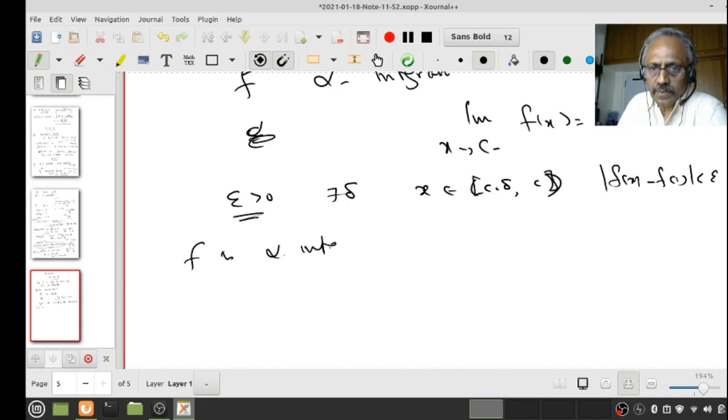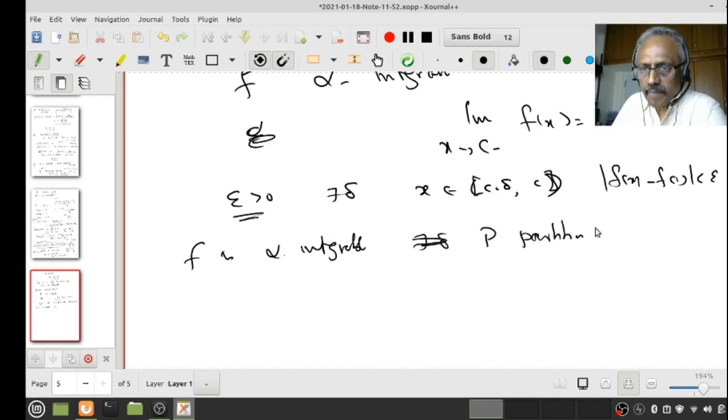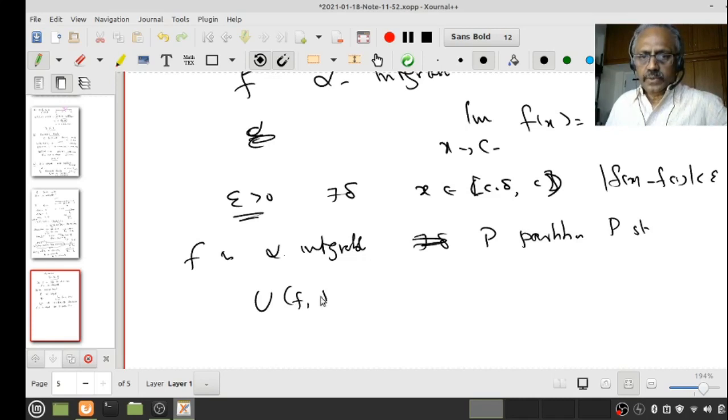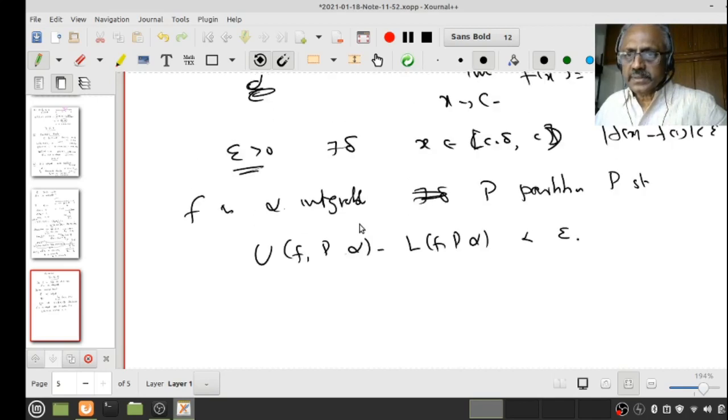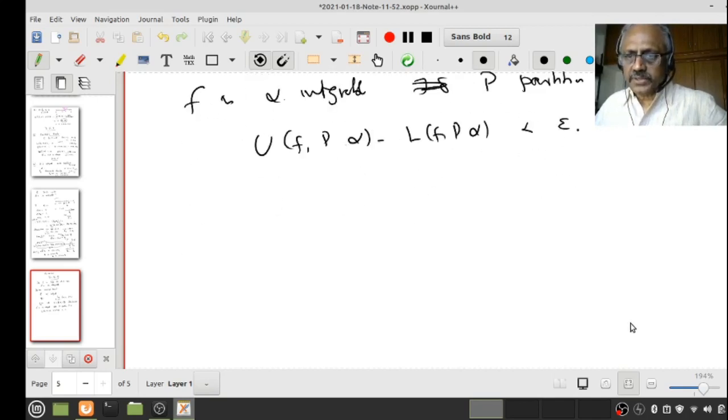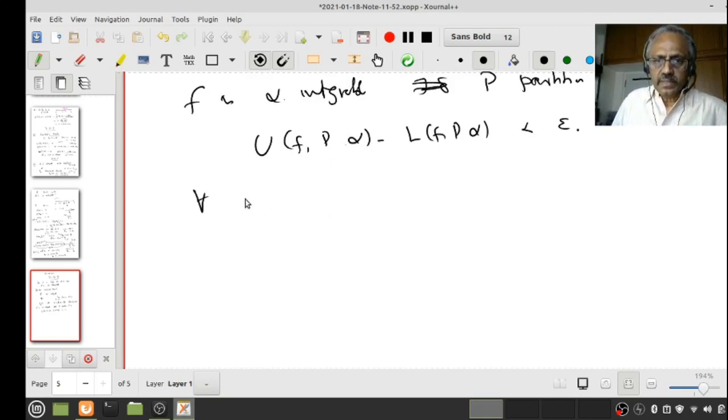Since f is alpha integrable, there is a partition P such that U(f,P,alpha) minus L(f,P,alpha) is less than epsilon. Is that okay?